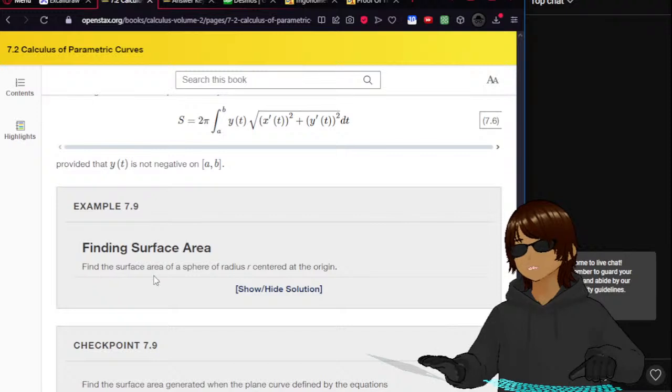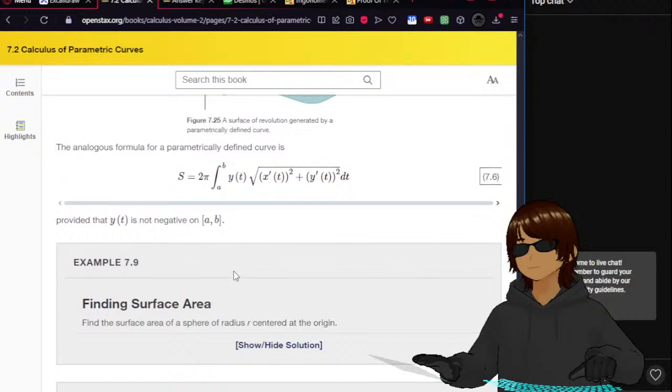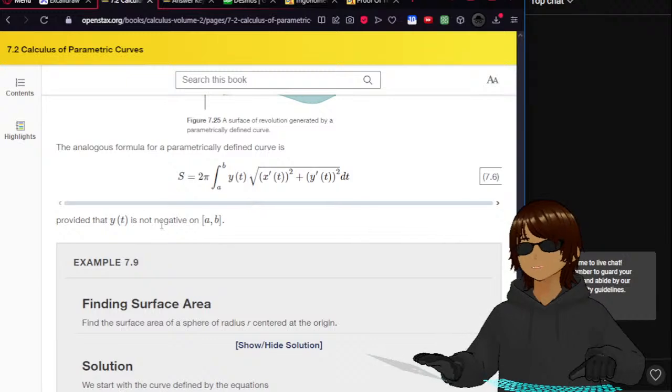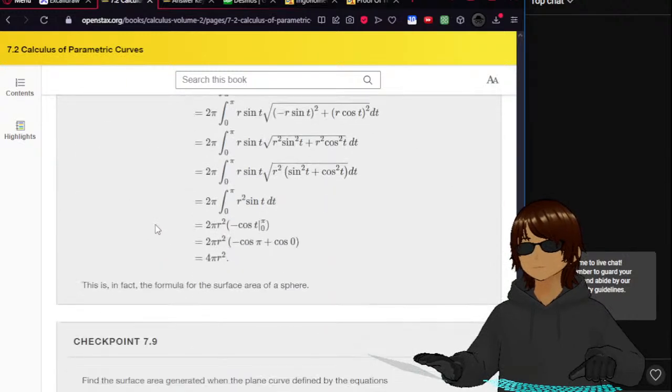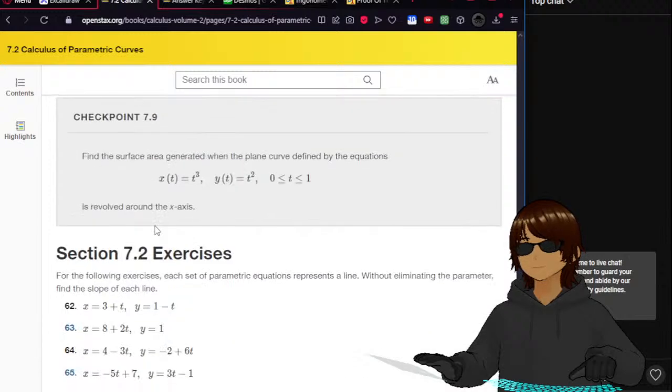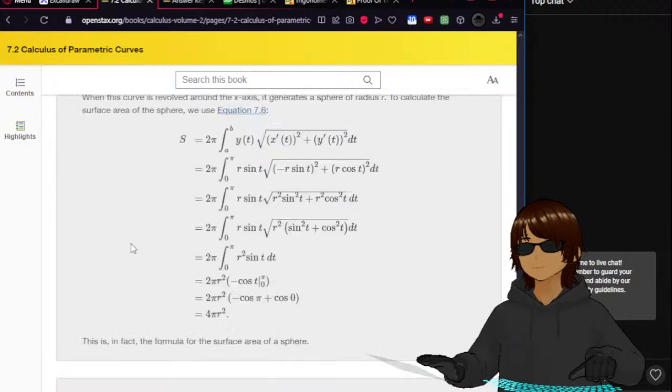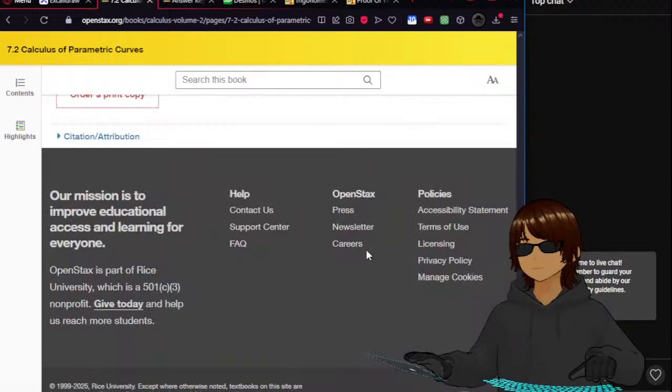Finding the surface area of a sphere of radius r centered at the origin. Wait, we don't need parametric equations for this. Okay, let's go to the next chapter.